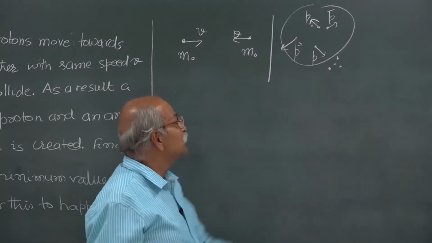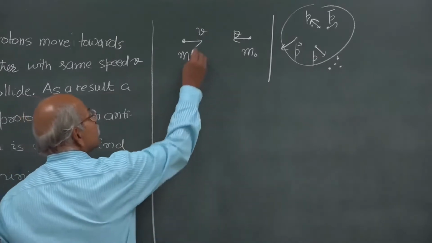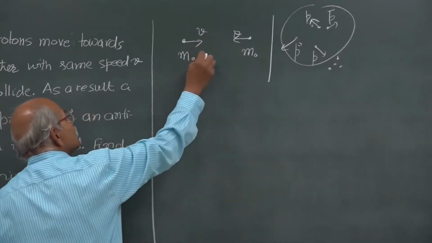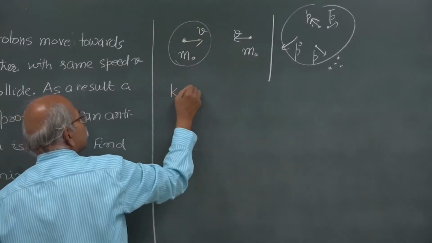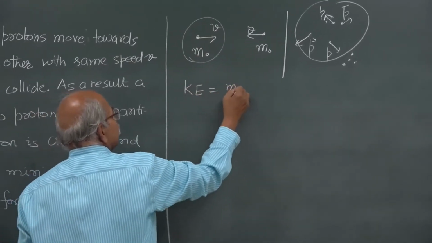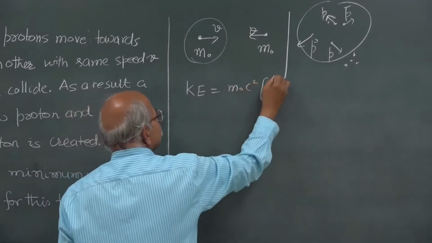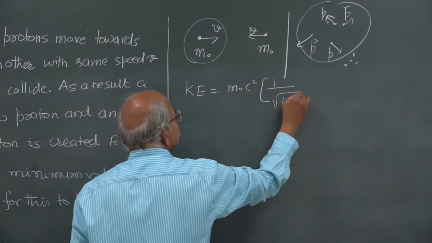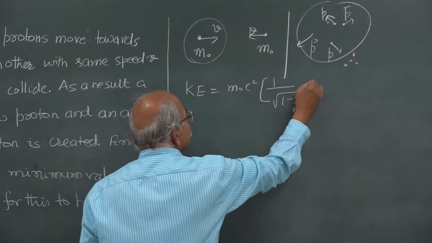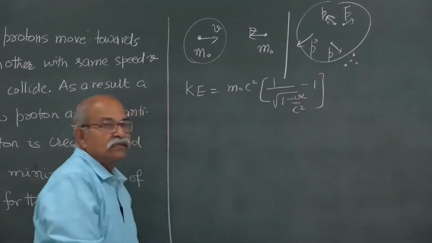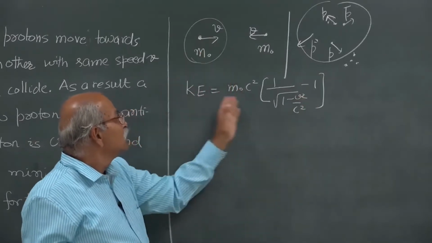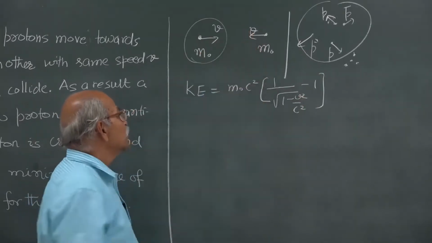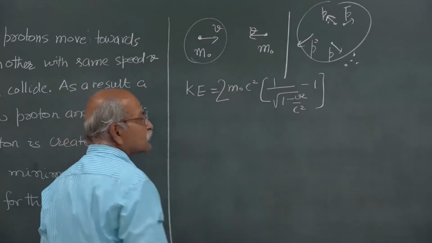So, this should be 0, and then for that case, how much is the kinetic energy here for this particle? Let us say for this particle the kinetic energy is m naught c square into 1 by square root 1 minus v square by c square, minus 1. You remember, this was the expression for kinetic energy for this particle, and similarly for the other particle, and therefore the total kinetic energy is this.